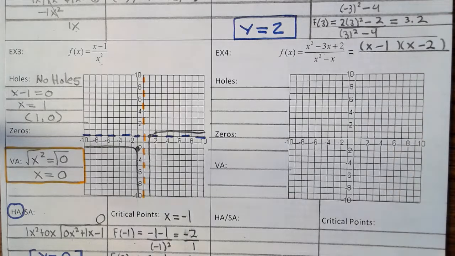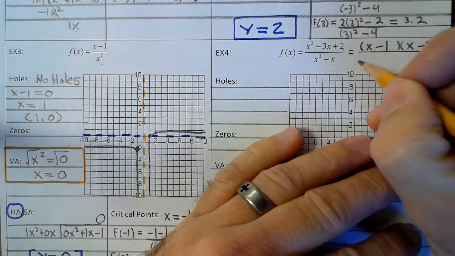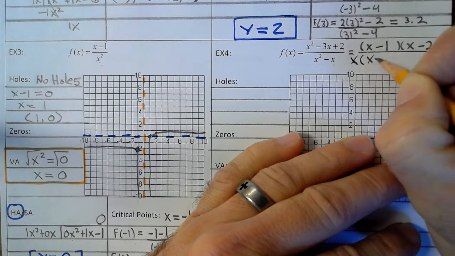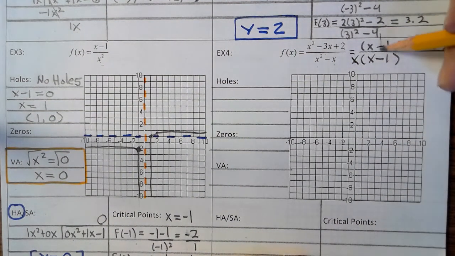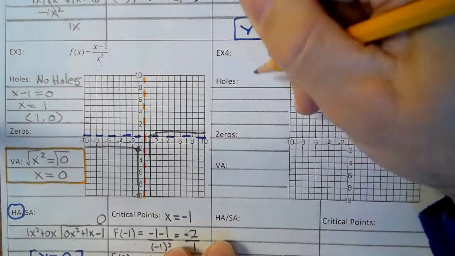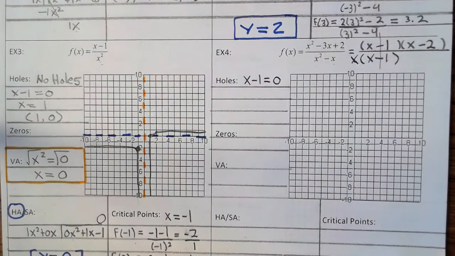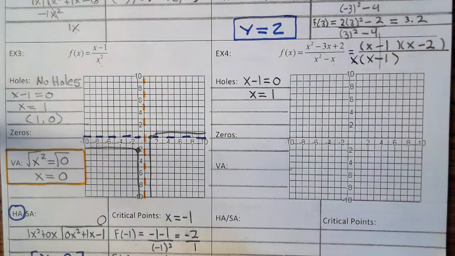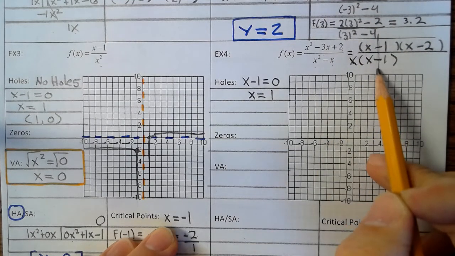All right. Now, we see here that we can factor out an x from both of these terms. So it leaves us x times x minus 1. Now, you'll see here that this divides and becomes 1, so we have a hole. So we set x minus 1 equal to 0, so x equals 1. Now, a hole is a point, so we need to evaluate the function at 1, ignoring this as it divides and becomes a 1.